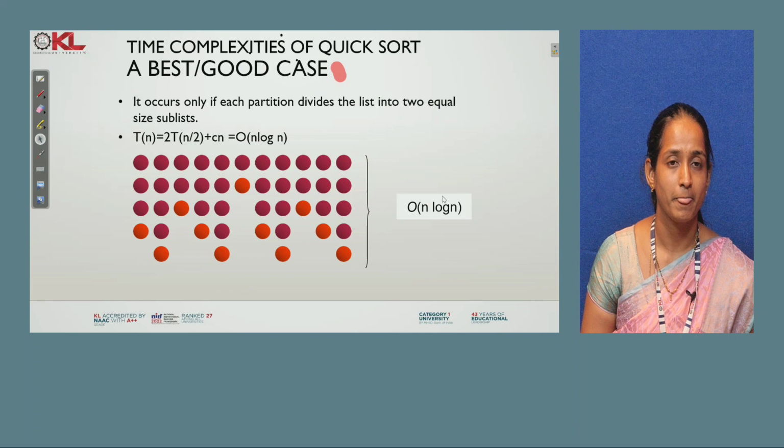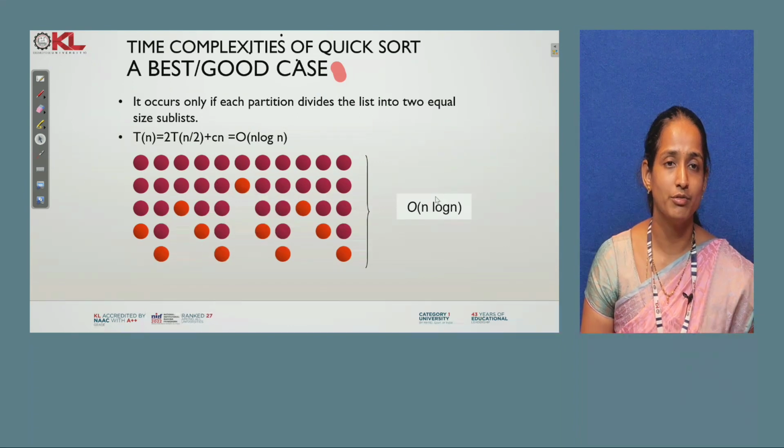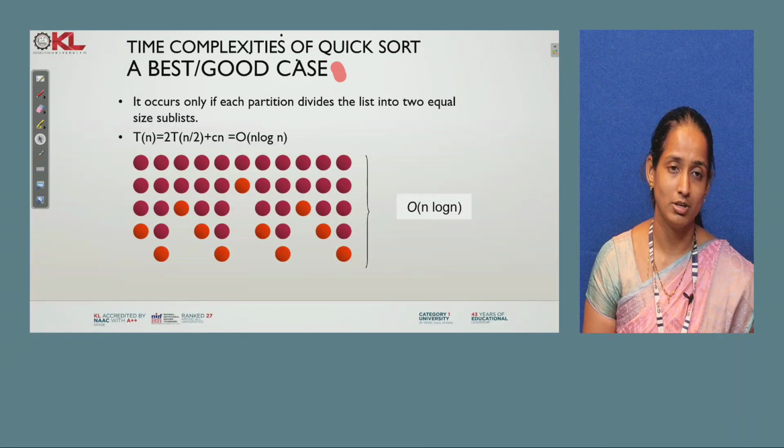So coming to the time complexity of quicksort, the best case and average case of quicksort is 2T(n/2) plus c of n, because we have a total three calls in an algorithm. One is partition algorithm. So partition algorithm is applied on n elements.